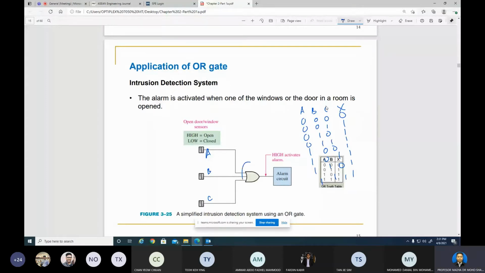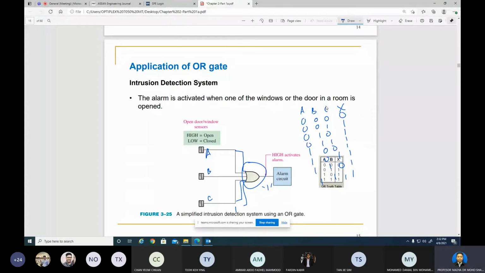Either one. For example, we have a lot of inputs, maybe 10 inputs here, until 10. For example, in our house we may have too many windows, so maybe we have 10 windows or 2 doors. So if either one is on, the alarm will automatically be triggered.